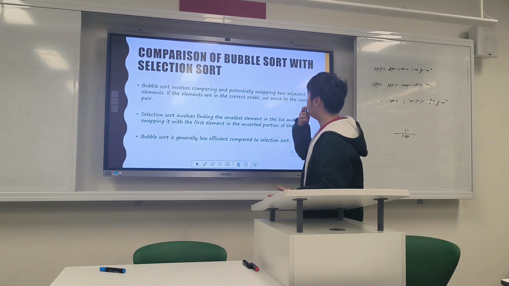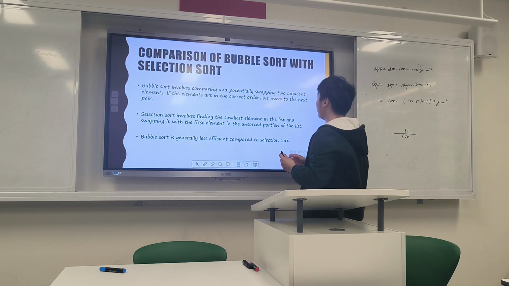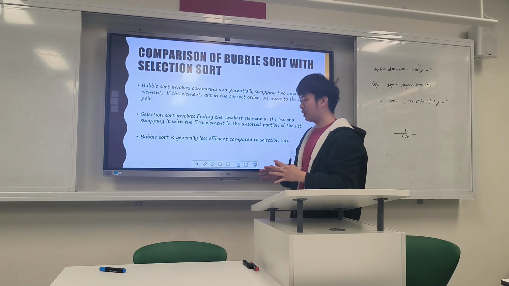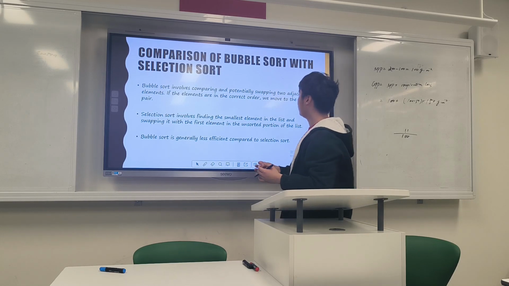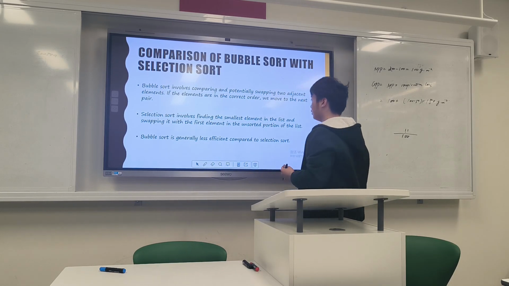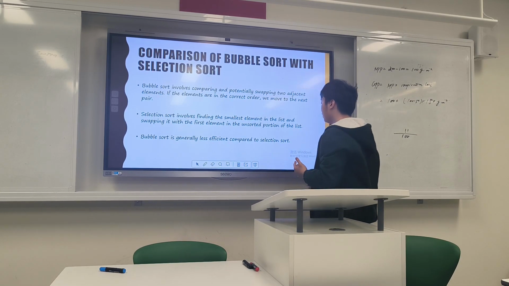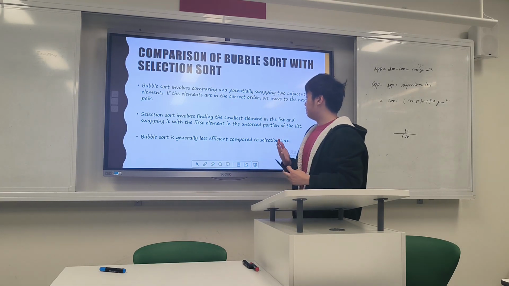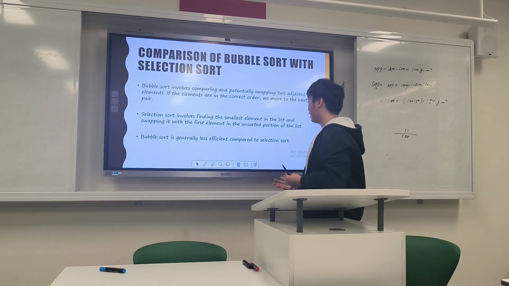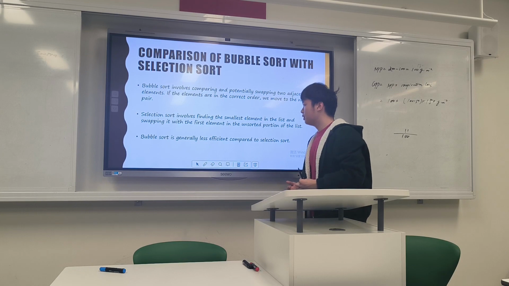However, bubble sort keeps swapping the greatest element until it reaches its right position, while in the selection sort, we find the minimum and swap it with the first element in the unsorted array. So bubble sort is generally less efficient compared to selection sort.